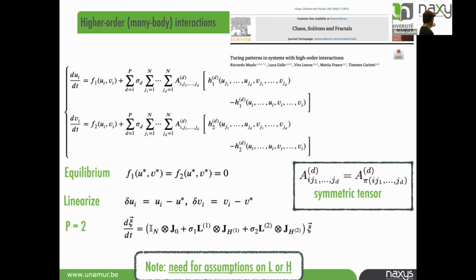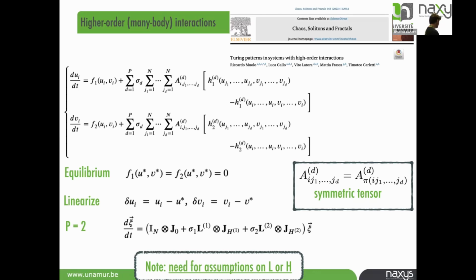And if you consider only hyperedges up to size 3, so p equal to 2, then you end up with this equation, which is again very similar to the previous one, but now we have two terms: the Laplacian of the pairwise interaction and the Laplacian matrix for the link-link interaction in some sense. And also you now have the Jacobian of the coupling H1, so the coupling which is given to the nodes, and the coupling because of the links.